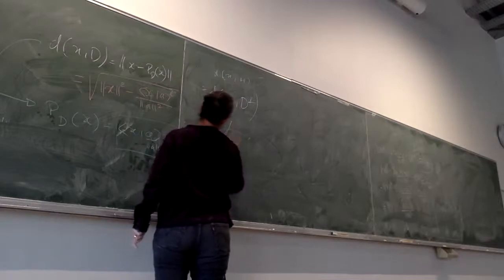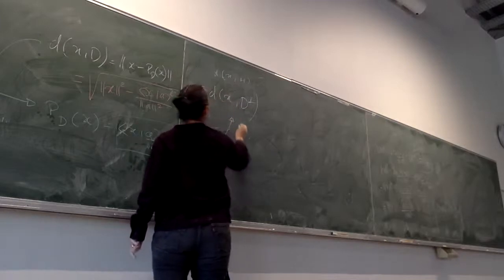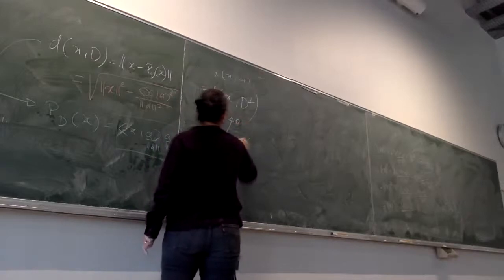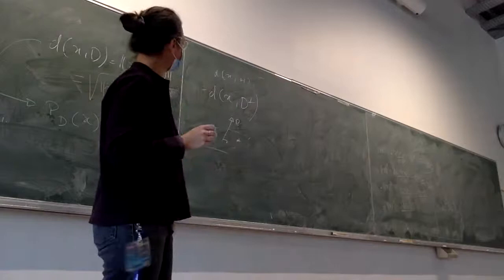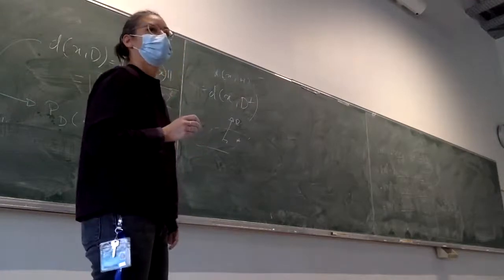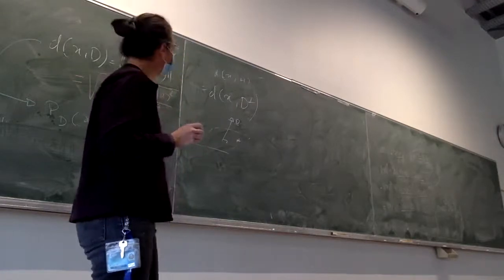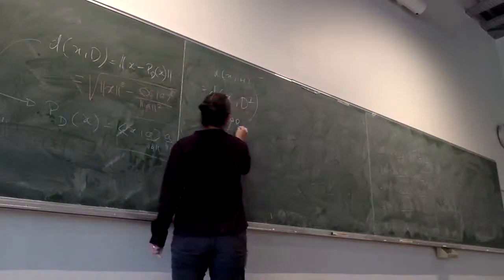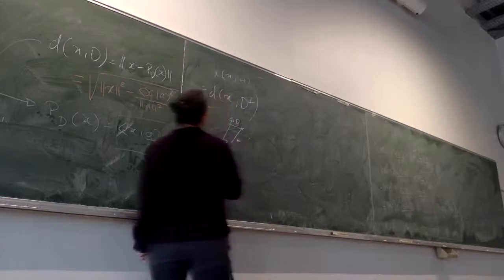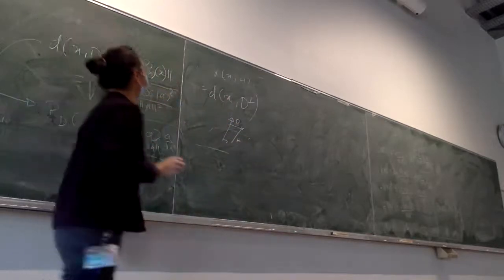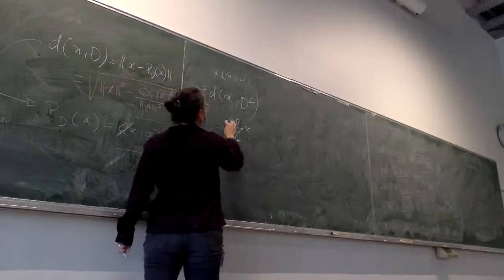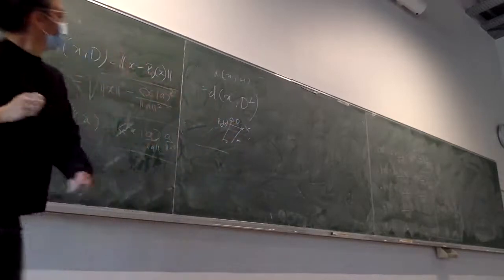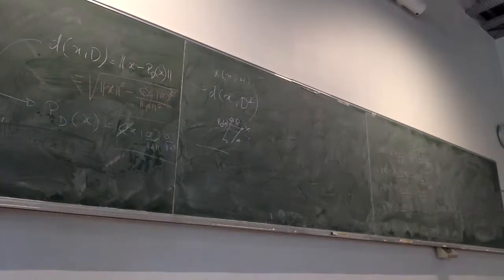So you've got A, well, you've got D, and you've got H. Right, so we know, we calculated the distance between X and D. It was X minus PD of X.